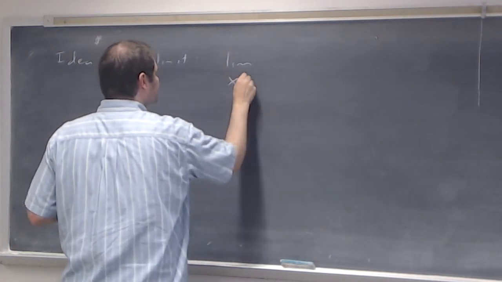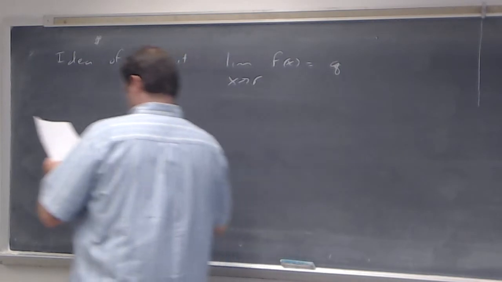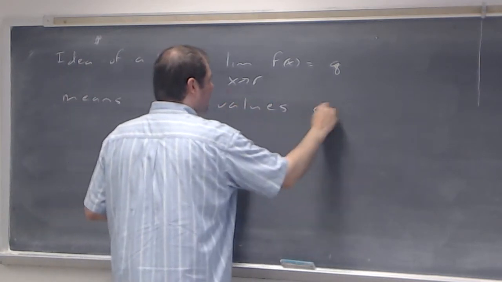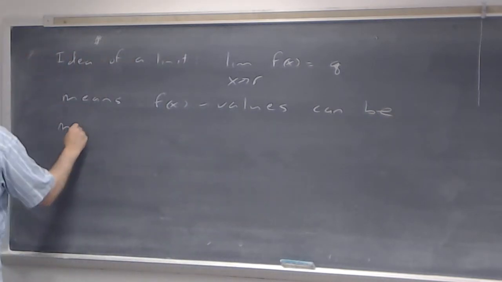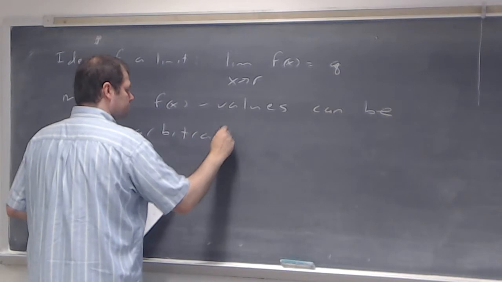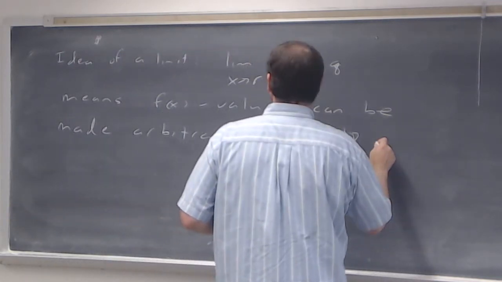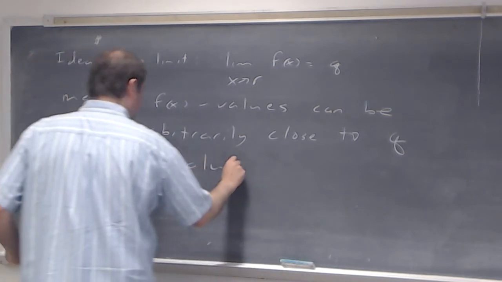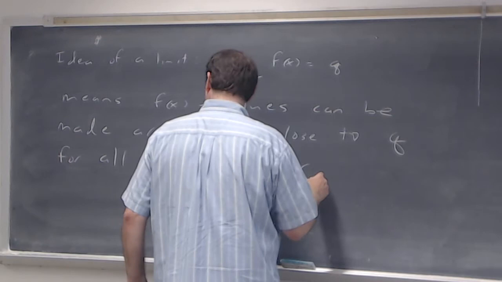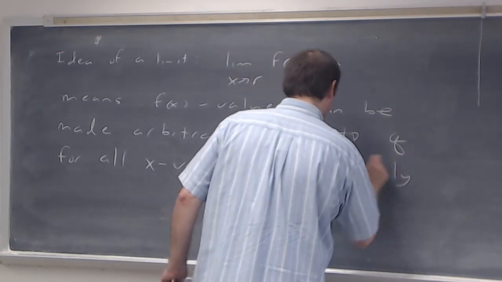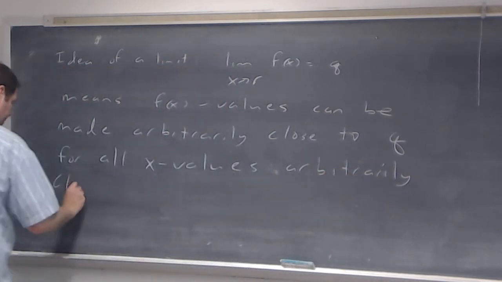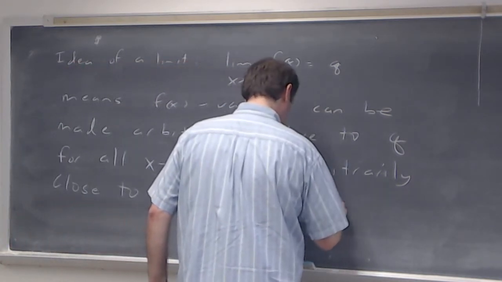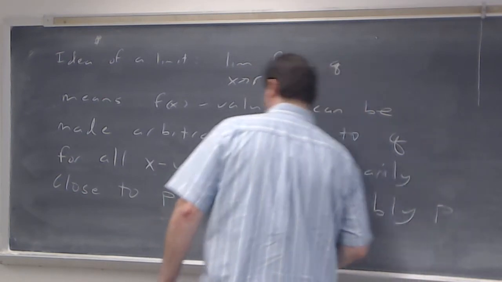The limit as x goes to P of f(x) equals Q means f(x) values can be made arbitrarily close to Q for all x values arbitrarily close to P, except possibly P itself.